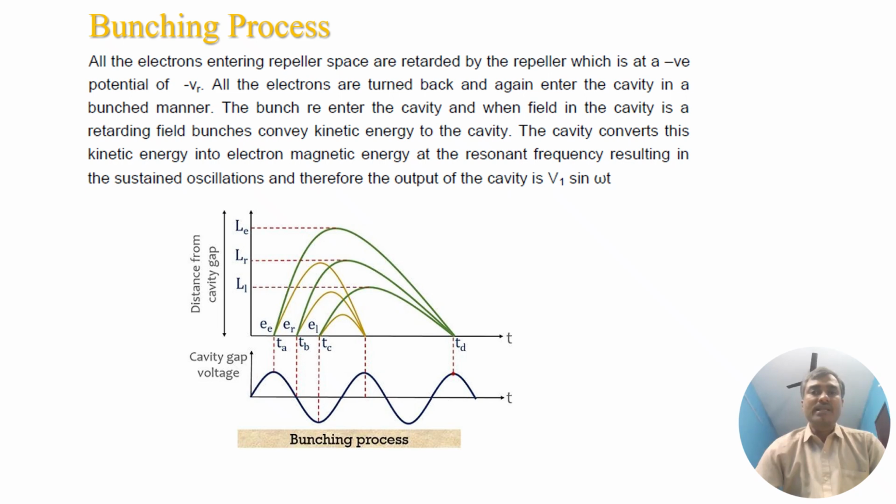This bunch of electrons consists of an enormous amount of energy. Once this bunch hits the walls of the cavity, the energy is delivered from the bunch of electrons to the cavity wall, due to which an RF voltage flows across the cavity walls.